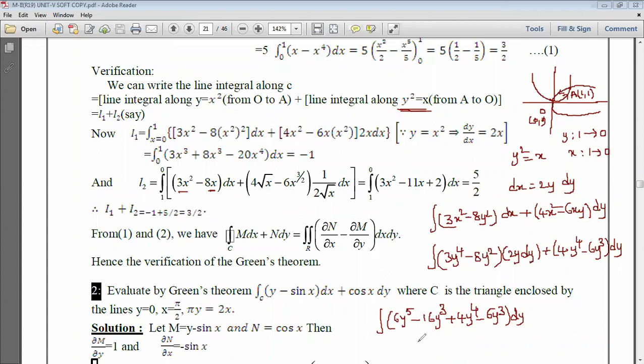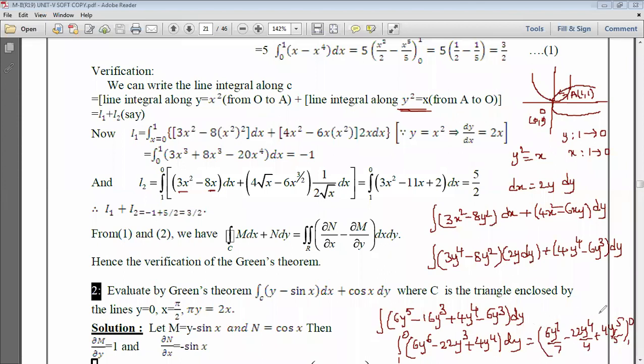Then simply here it is 6y power 6, and this is minus 16 minus 6, minus 22y cube, and plus 4y power 4, whole dy, and the limits are 1 to 0. So if you substitute the limits, integration gives 6y power 7 by 7 minus 22y power 4 by 4 plus 4y power 5 by 5 between the limits 1 to 0.